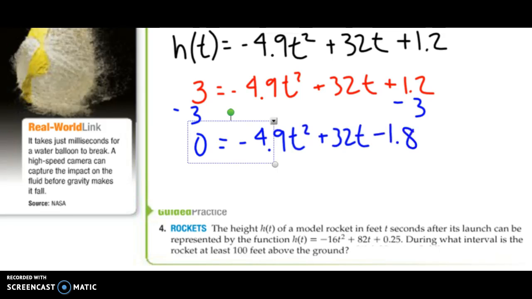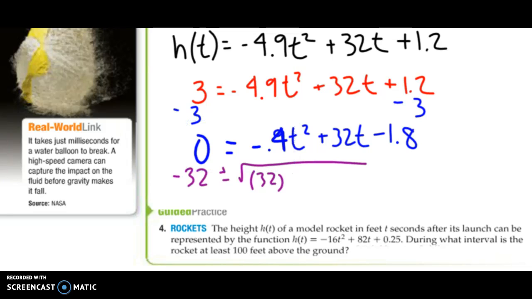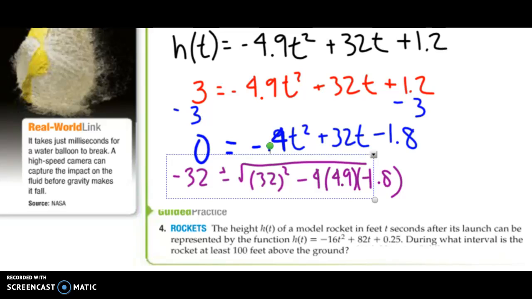Okay? Now those are numbers I just put into my quadratic equation. We've done this enough that you know it's going to be negative 32 plus or minus square root of 32 squared minus 4 times negative 4.9 times negative 1.8 all over 2 times negative 4.9.